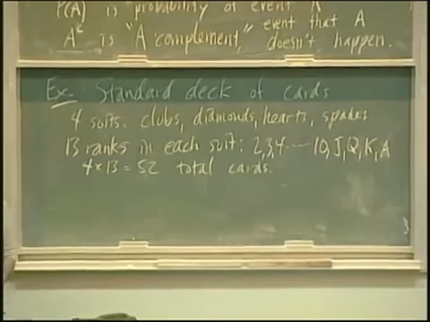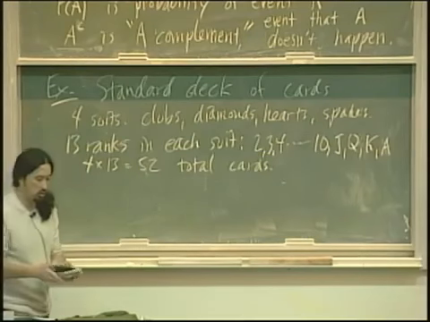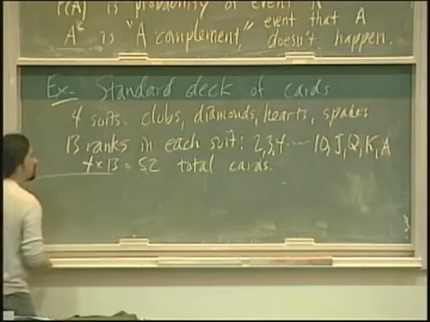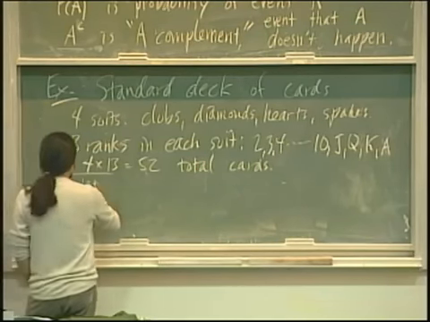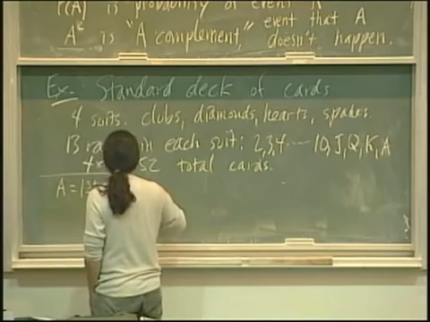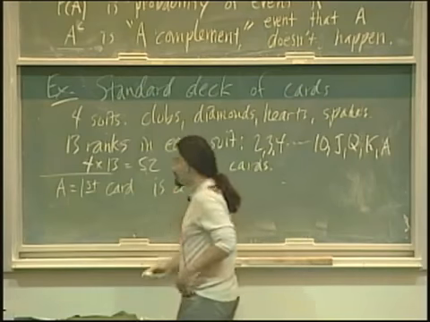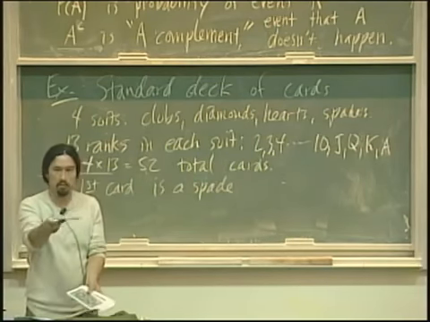OK, so what I want to do is imagine a shuffled deck. Imagine this is totally shuffled, totally random. And I want to find the probability of 2 events. The first event is the first card is a spade. So I'm imagining drawing the top 2 cards off the deck, right? So I'm going to draw 2 cards.